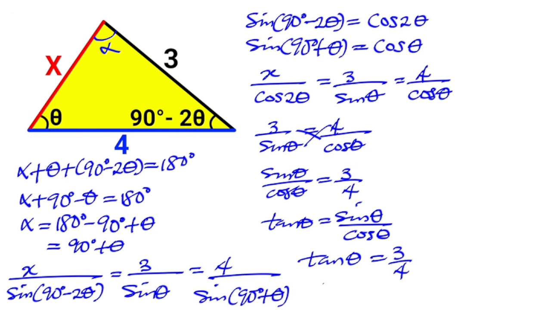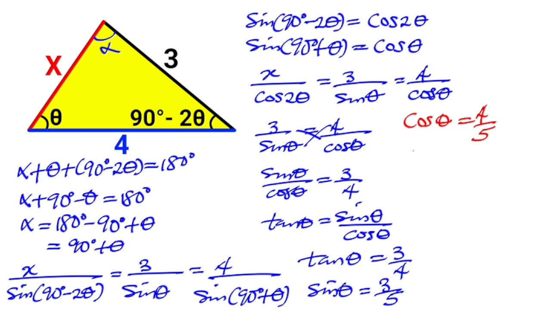Notice that tangent of theta equals 3/4 corresponds to the classic 3-4-5 right-angled triangle. From this, we can instantly read off the sine of theta is equal to 3/5, and the cosine of theta is equal to 4/5.